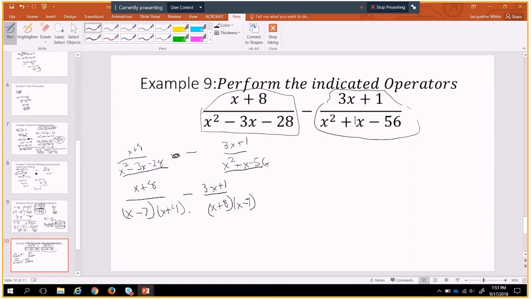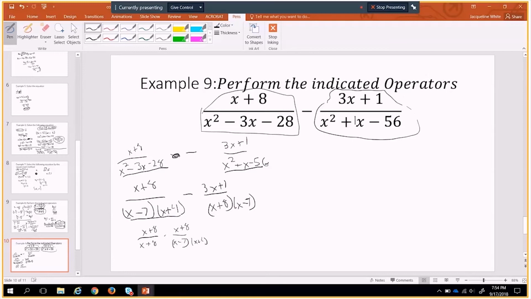If we want the same denominator, we first multiply this guy by x plus 8, since this is what these factors are missing. So we have x plus 8 over x plus 8 times x plus 8 over x minus 7 times x plus 4.